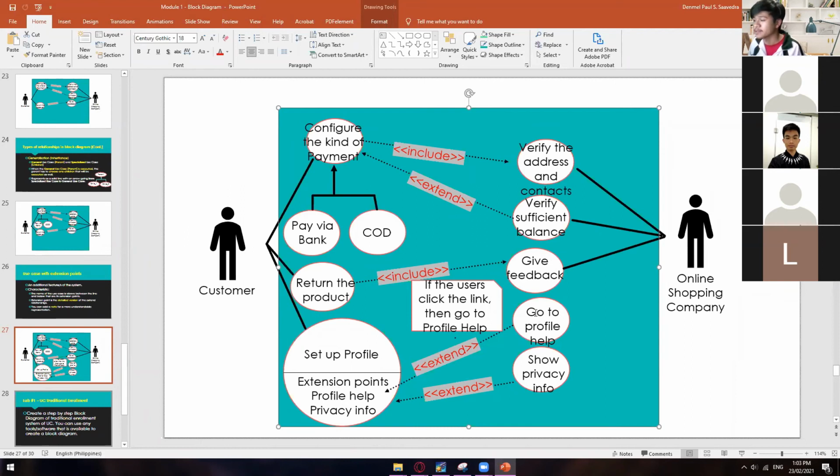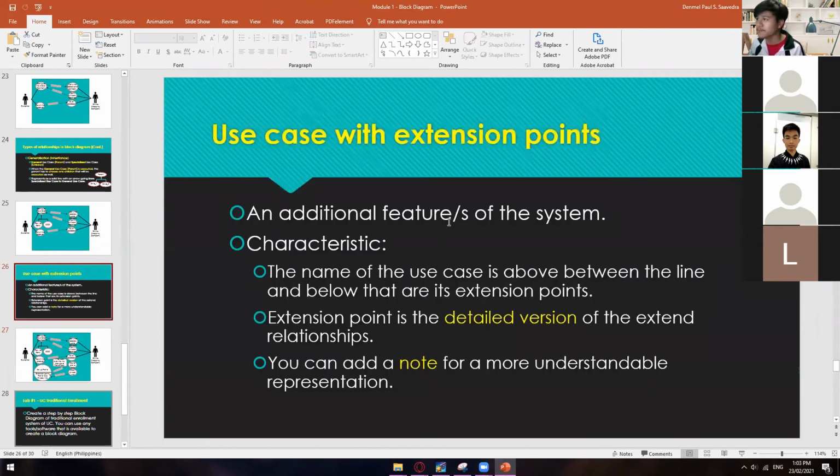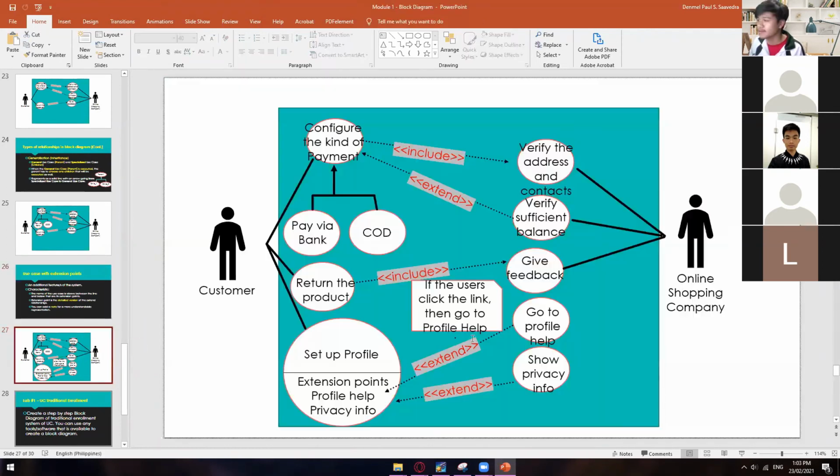Under these extension points, you can even add a note or a notepad with more information explaining that if you click this one, it will lead you here, etc. So the user clicks the link, then goes to the profile help.